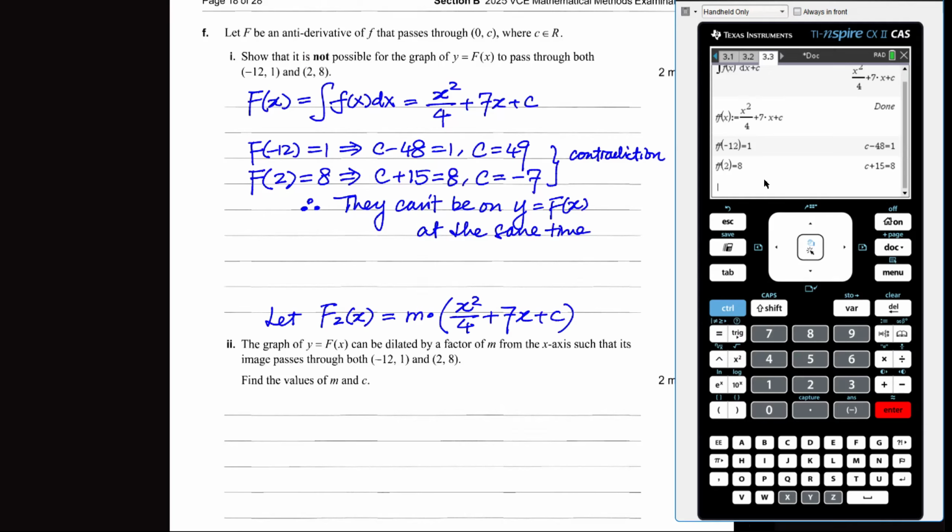Now we can say f of x is m times F of x. And now we can solve, for example, and just solve them simultaneously. Yeah, I can get the values.